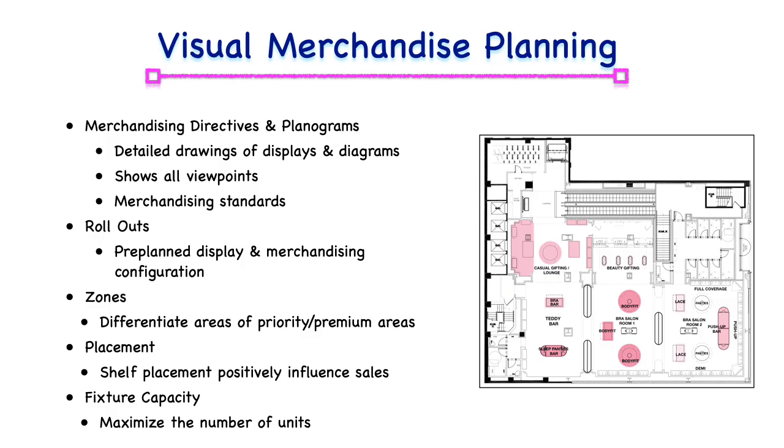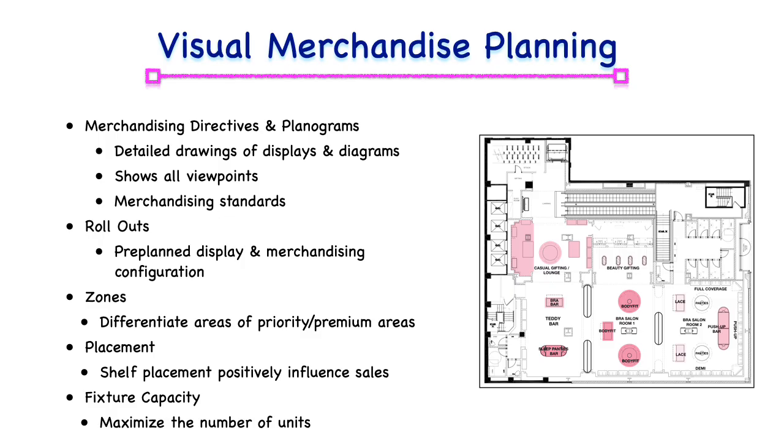Directives and planograms are very detailed diagrams and drawings of the displays and merchandising from all viewpoints. So, the merchandising standard conveys exactly how merchandise should be displayed, what fixtures, displays, and props should be used, what item to place on a fixture, and how many of that item should be placed on that fixture, signage, etc.